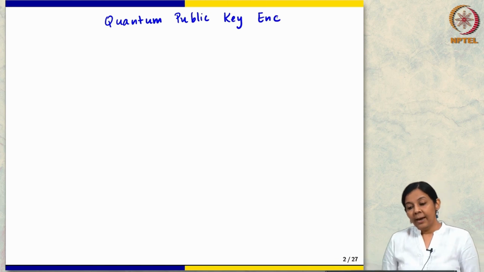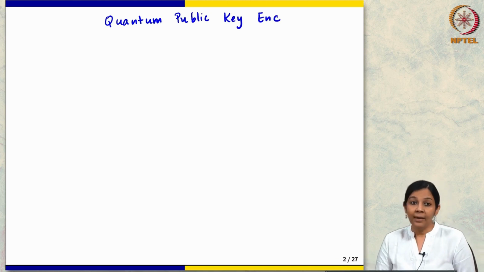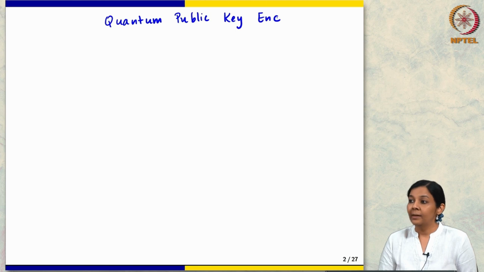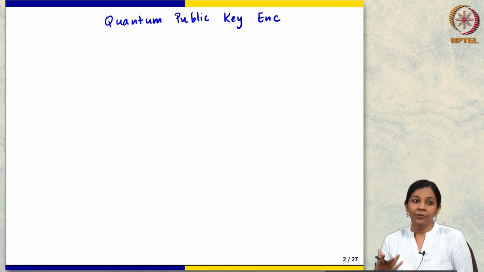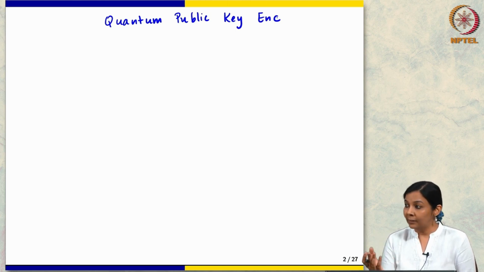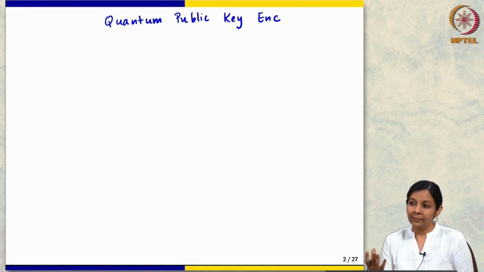Okay. And last time we ended the discussion with this question, right, that if I want to encrypt an arbitrary mixed state, then how should I proceed? So far we have seen how to do a quantum one-time pad, right, and we showed that this was perfectly secure. Okay.